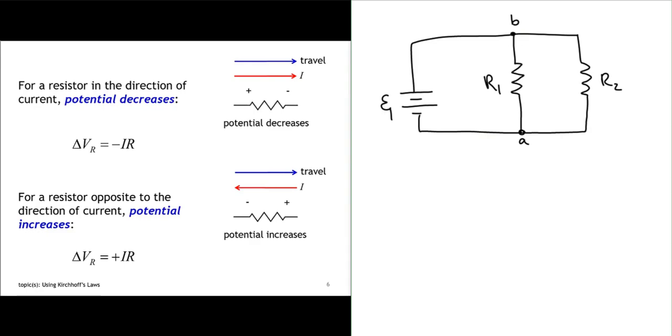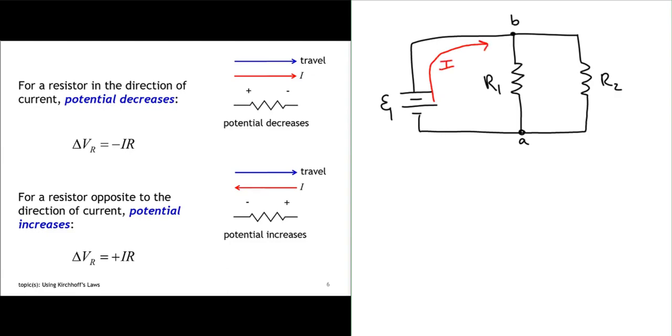All right, so let's look at how to measure the potential difference in going across a resistor. Now, to do that, let's look at the direction of current. So let's say we said earlier that current in the branch with the battery is going clockwise.